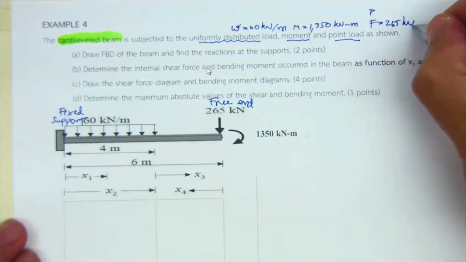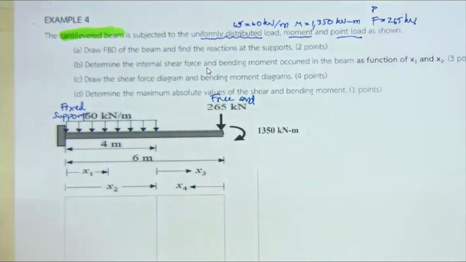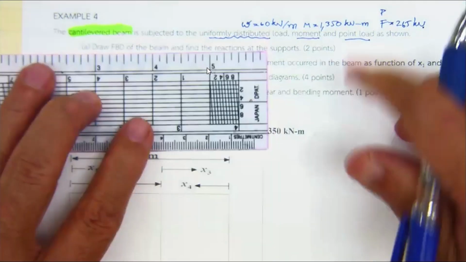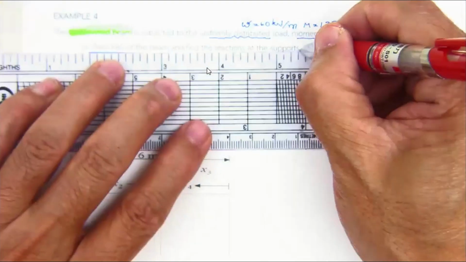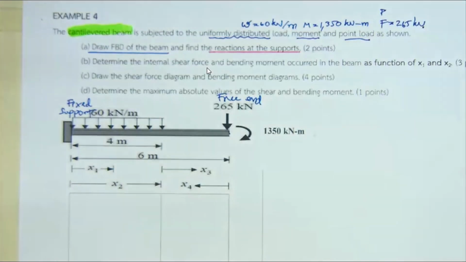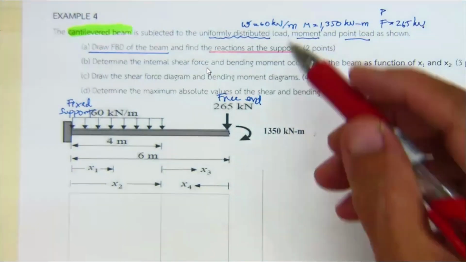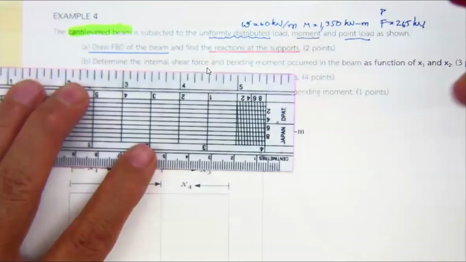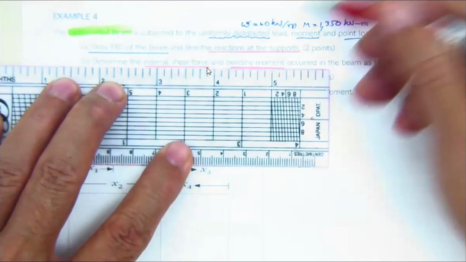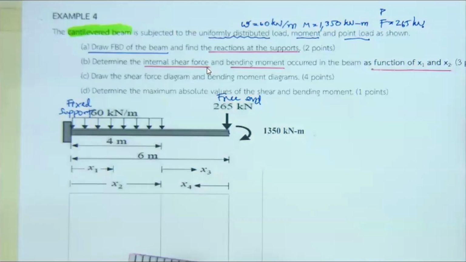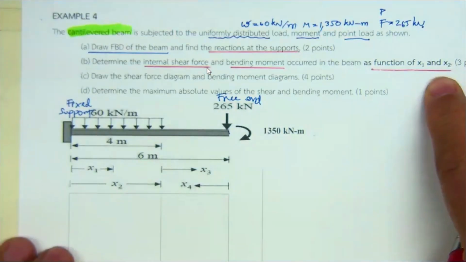The problem asks you the same question. You got to draw the free body diagram of the beam and then determine the reaction at the support. The question is already standard. Okay. And then later it asks you to determine the internal force and bending moment as a function of x1 and x2.